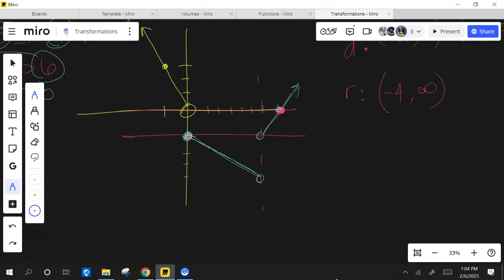If this were open now, if this was open like that, is that what you're saying? Yeah. Then it would be -4, but I would have to stop at -1 and do a parenthesis and then a U from -1 to infinity.